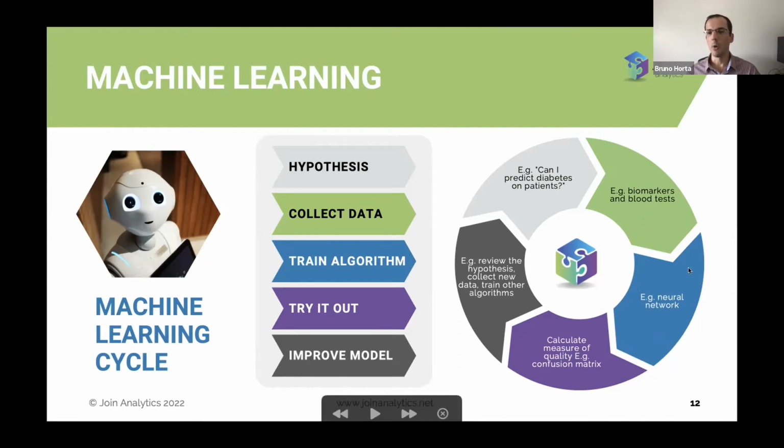And then you train your model, for example, a neural network or any kind of machine learning model, by showing these examples to the model. And to check if the model learned, you measure some quality of the model with, for example, a confusion matrix in a classification, but with a test set that the model hasn't seen before during training. And then you can use this algorithm after testing for performing some applications, and you can refine the model and go on again with this cycle.